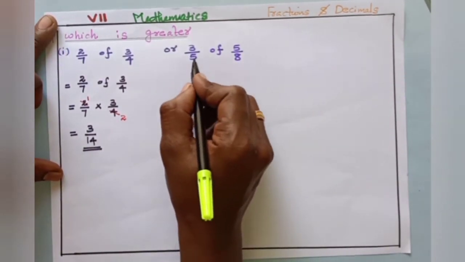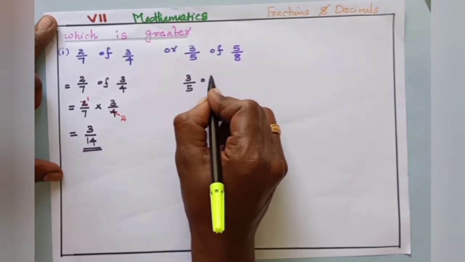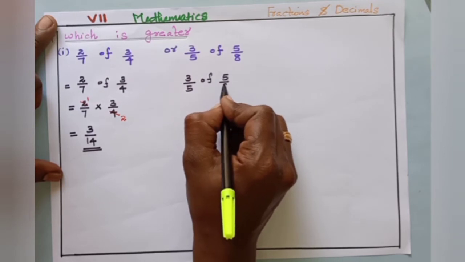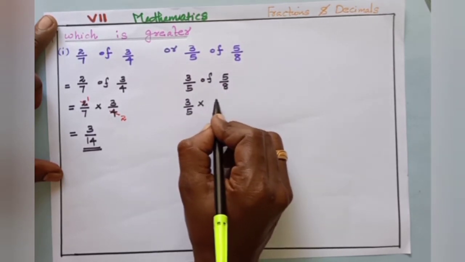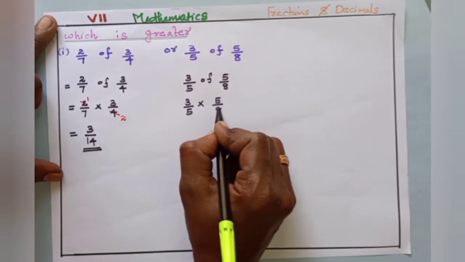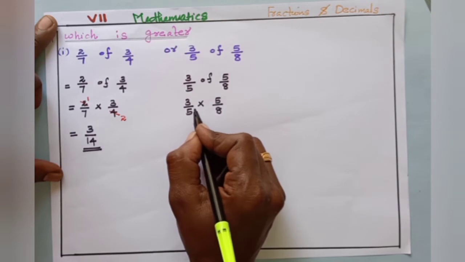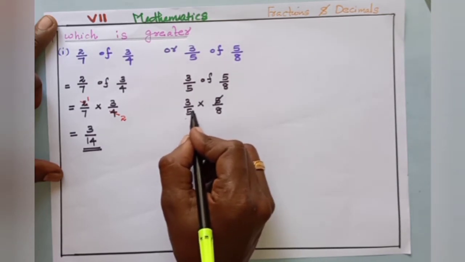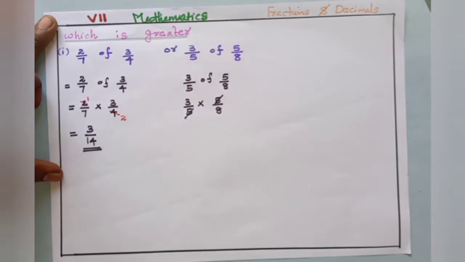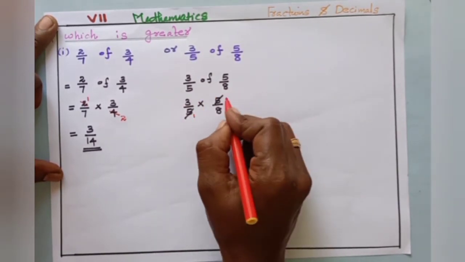Then find out 3 by 5 of 5 by 8, which is 3 by 5 into 5 by 8. Listen. Here the numerator 5 and denominator 5, so we can cancel by the highest common factor 5. We get 5 divided by 5, 1.